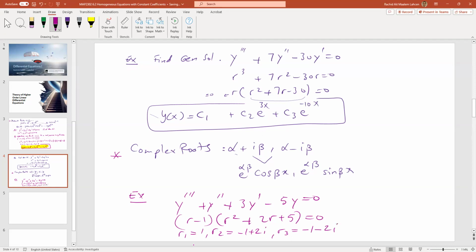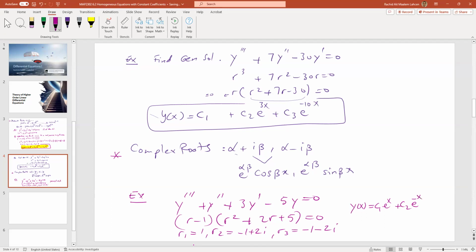All right, so now I'll keep it in the same picture. So what is the general solution? The first one came up to be real. So the first constant times the exponential with r sub 1 x. But the next one is going to be with the cosine.